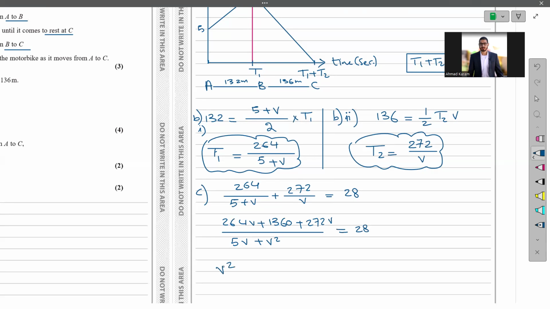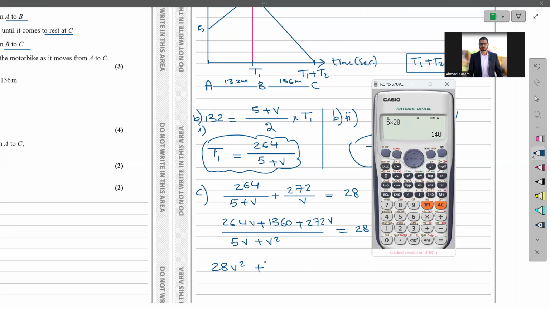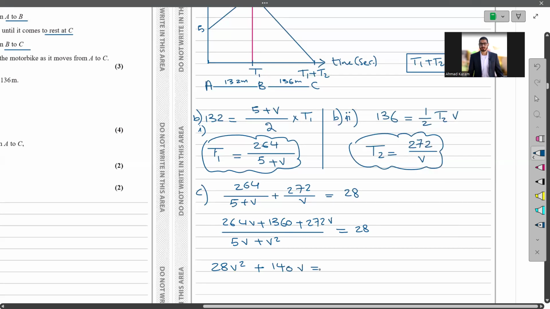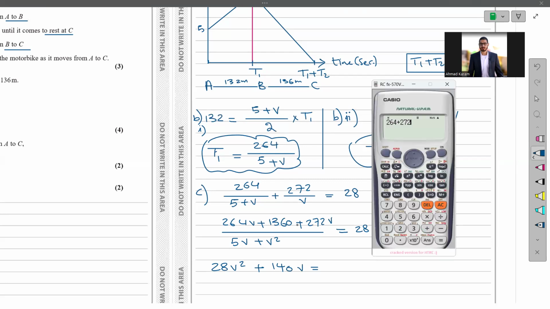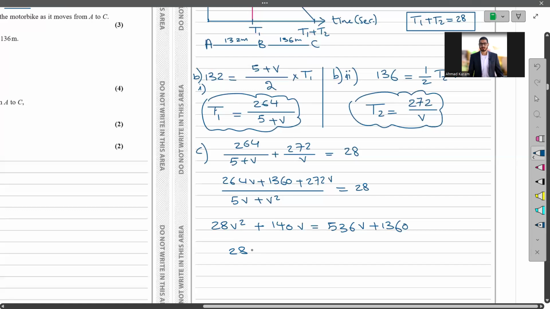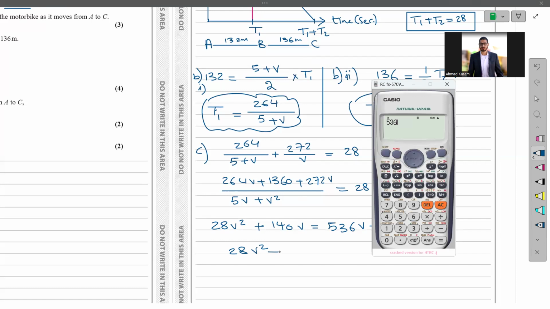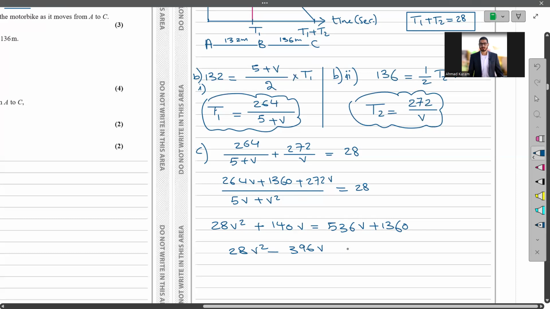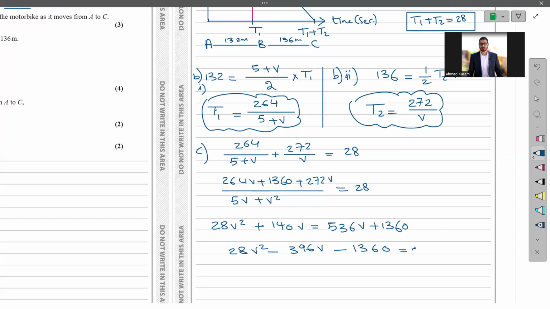So cross multiply: 28V squared plus 5 times 28, 140V, equals, add 264 plus 272, 536V plus 1360. So 28V squared minus, 536 minus 140 is 396V, minus 1360 equals 0.